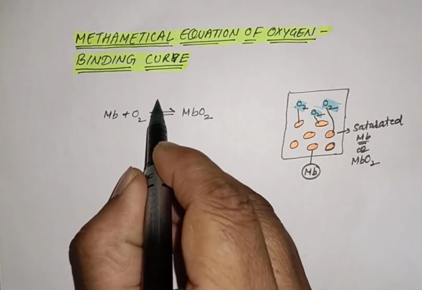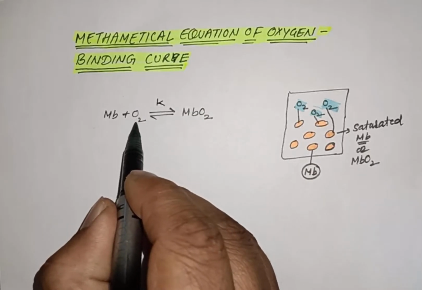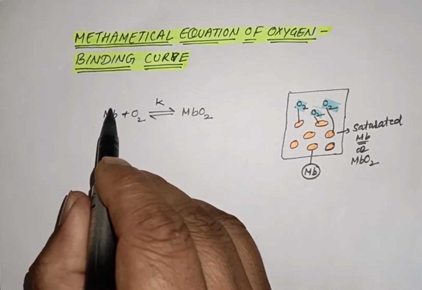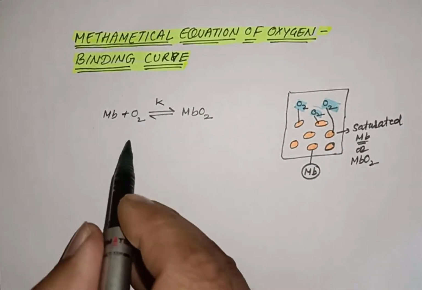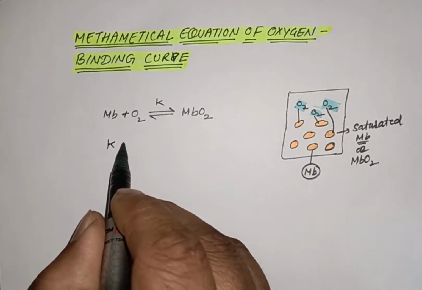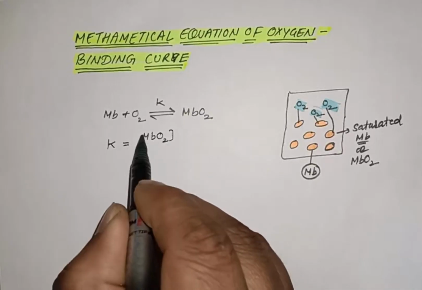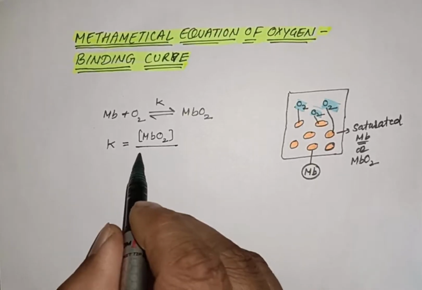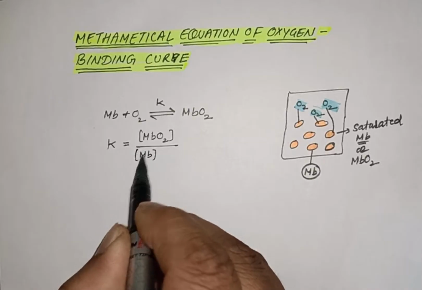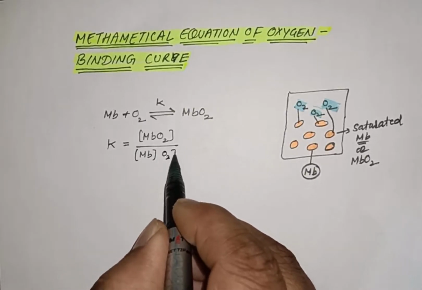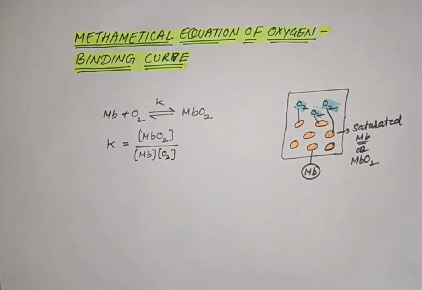Let K be the association constant or binding constant, because oxygen is going to bind to the Mb. So the value of K will be equal to the oxygenated myoglobin, that is the MbO2 concentration, divided by the concentration of naked myoglobin multiplied by the concentration of oxygen gas present in the blood.